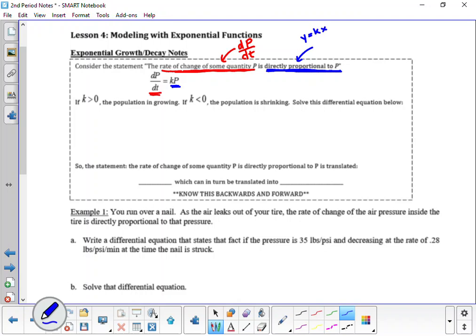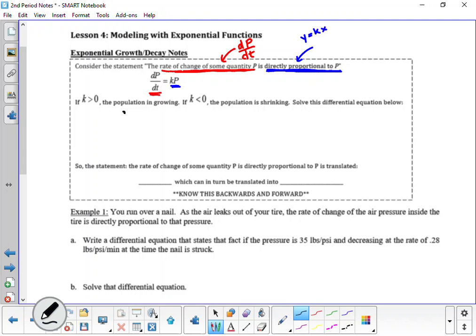So anytime you see directly proportional, it'll be kp. What if it said the rate of change is inversely proportional to p? Then it would be dp dt equals k over p, right? Usually you don't see that because in exponential growth and decay, it always starts with this kind of setup, because this is what happens when you separate and integrate that.